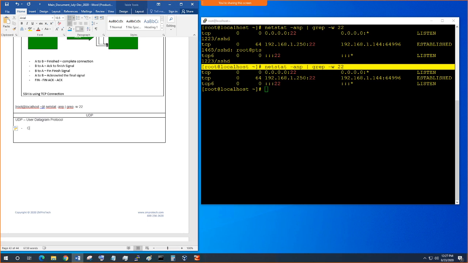So it's like a broadcast. It just sends the data over the network, and it doesn't care. There is no confirmation if the data is received or not.